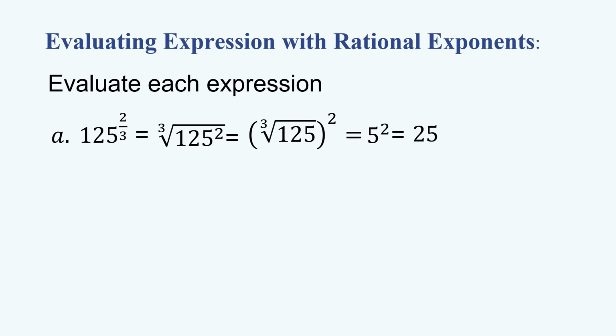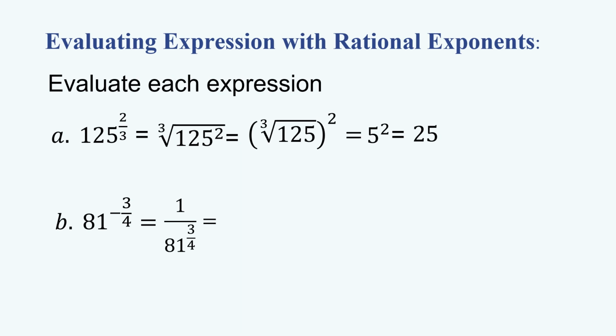Let's see another example. I have the expression 81 raised to the negative 3 over 4 power. First of all, let's take care of the fact that it's negative, and by using one of the properties of exponents, I can get rid of the negative by writing this expression as 1 over 81 raised to the 3/4 power.